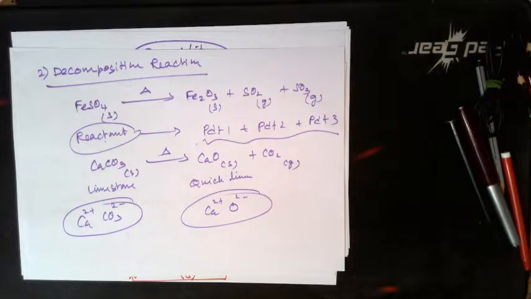And then magnesium combines with oxygen to form magnesium oxide. What type of reaction is it? Oxidation. Magnesium combines with oxygen to give magnesium oxide.